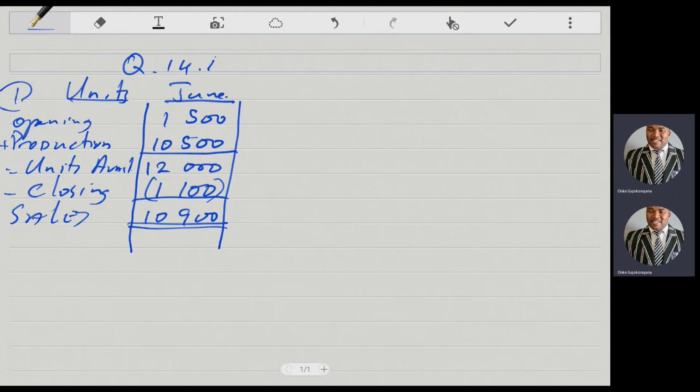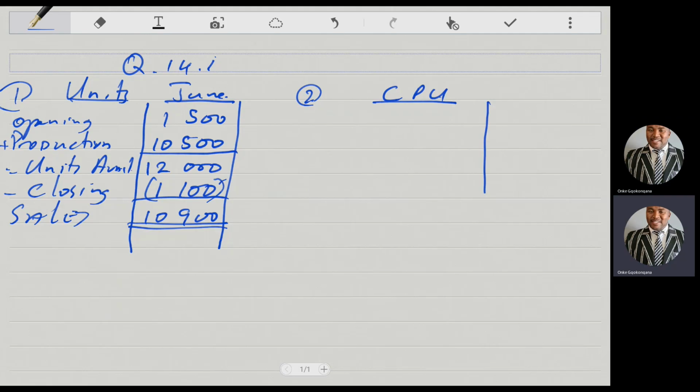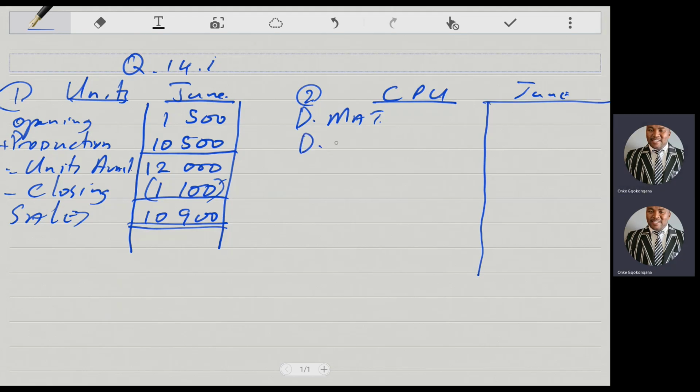The second one, we said that is a cost per unit. Then we look at the direct material. Again, the month is June only. Direct labor. Then we look at your variable manufacturing.